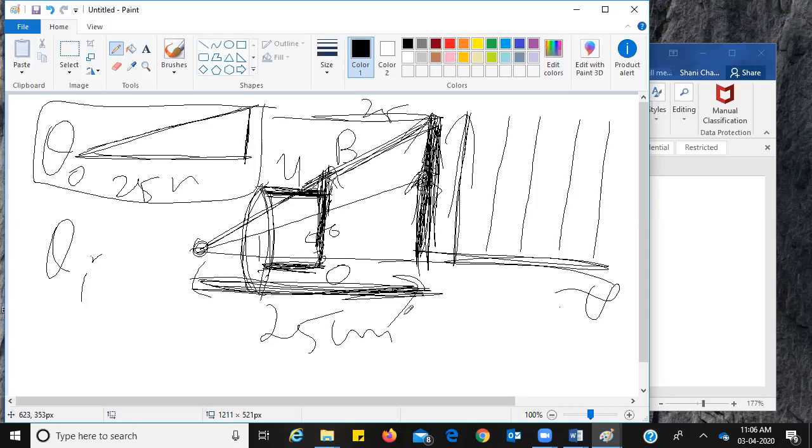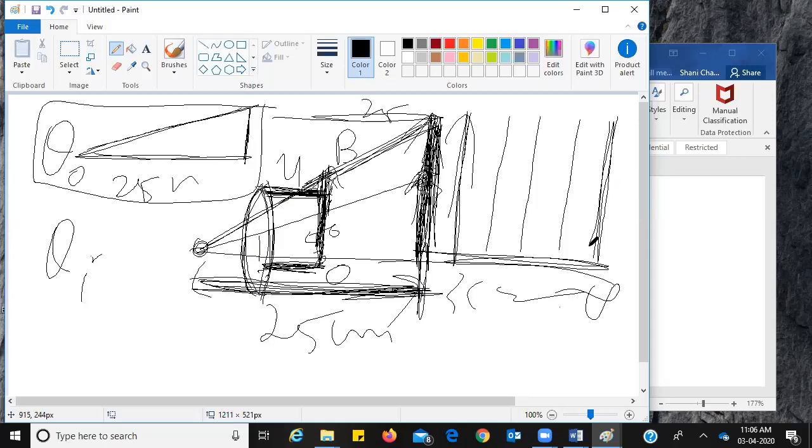So 25, then 30, 40, 50, you can see all of them. So the lens must form the image at 25 or beyond, not closer. Till where can you go? Till infinity you can go.